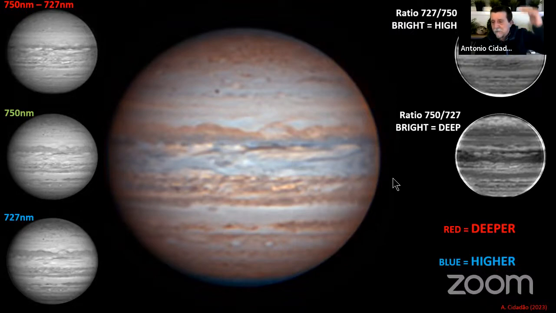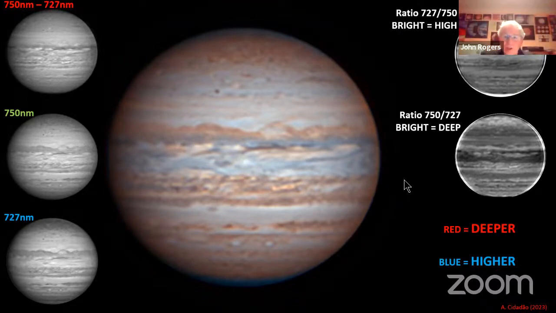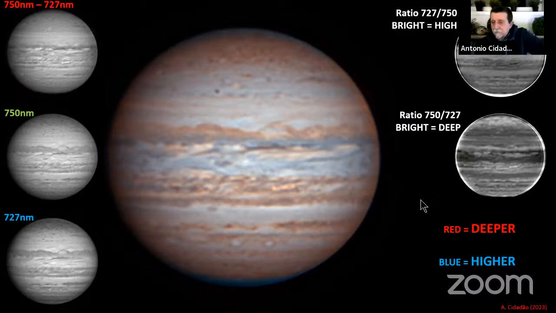So about 1 bar, 3 bar, more or less. That's also an interesting combination of filters, because as you mentioned, those are also the filters that have mainly been used by professionals analyzing cloud heights from spacecraft. Mm-hmm. Yeah.